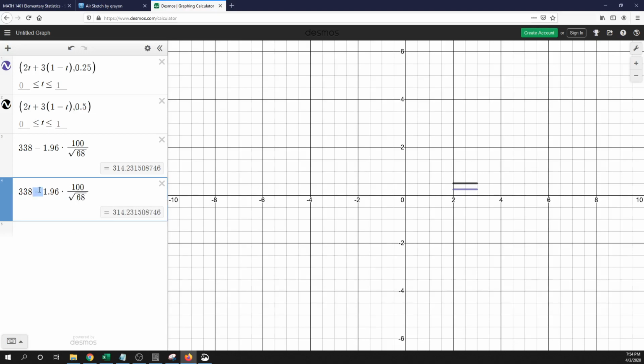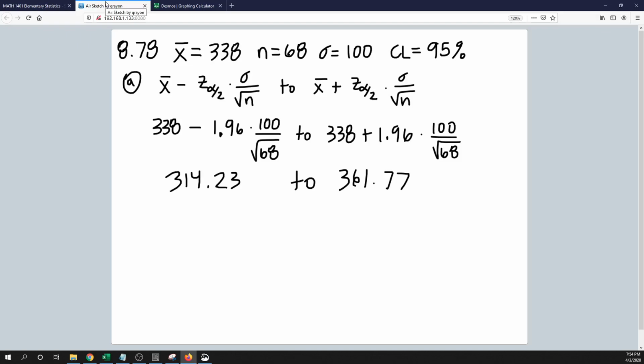And the one for plus is going to be 361.77. So let me write those down. 314.23 to 361.77. Let me just double check that. Okay, looks good.